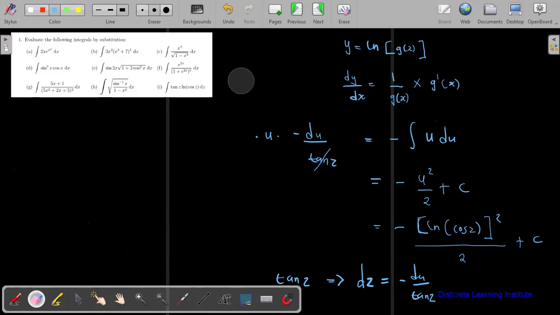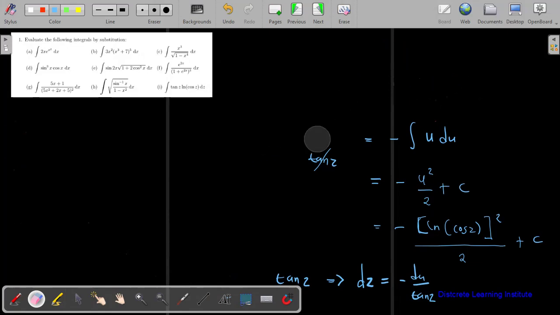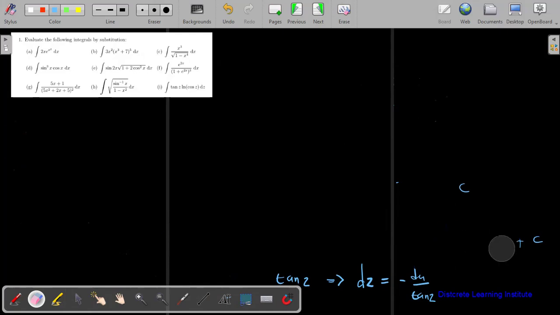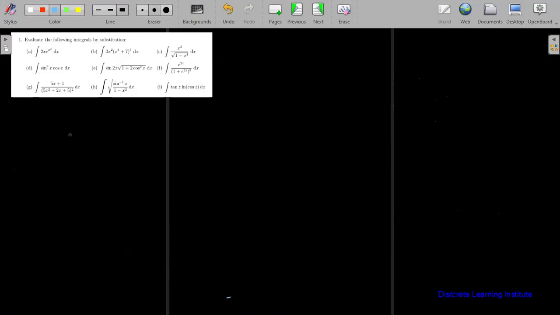G again, we use the same methods as we have used all this time. So that's G, the integral of 5x plus 1 over (5x squared plus 2x plus 5) squared, dx.